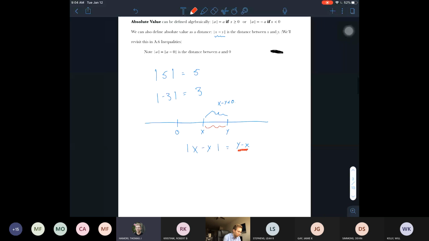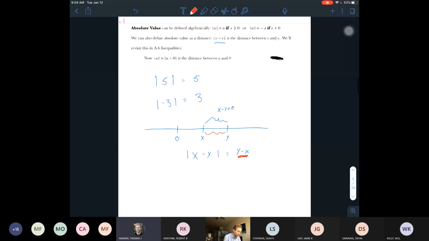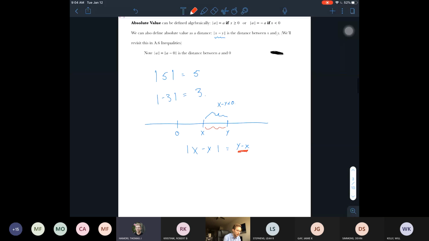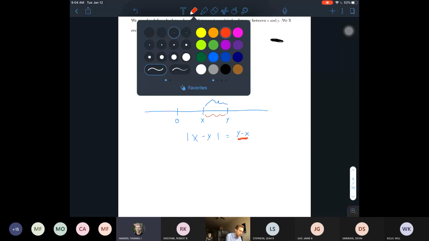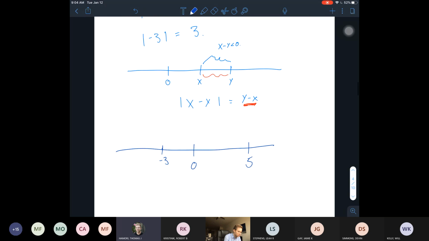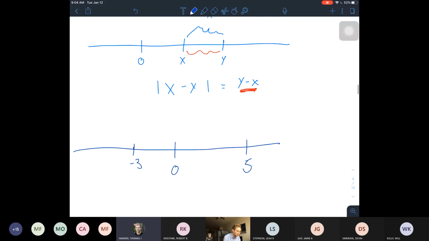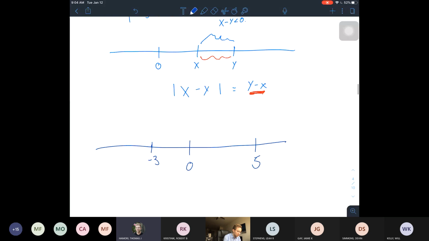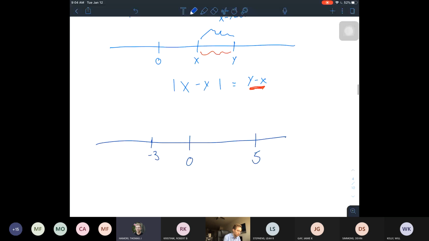Okay, so that's one way to interpret what absolute value is doing. You can also think of the absolute value of any number as just the distance between that number and 0. We'll use the same example as above, with 5 and negative 3. If we have 0 here, 5 here, and negative 3 here. Remember, we always express distance as a positive number because there's no way to walk negative 3 miles.